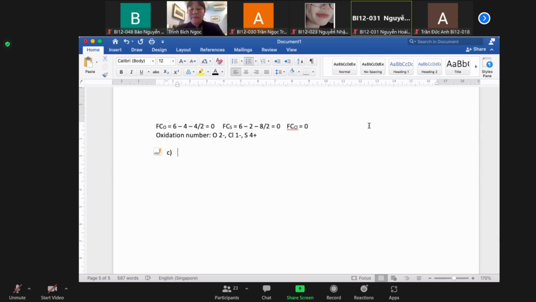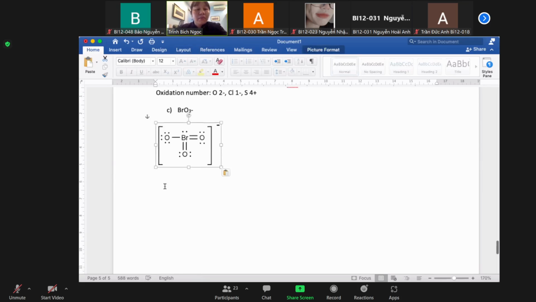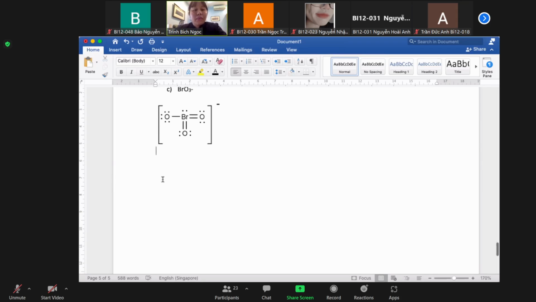Do you want to do the next? So I will give you the ion with the minus charge like this. This is the Lewis structure. The formal charge of bromine is 7 minus 2 minus 10 divided by 2, which is 0.